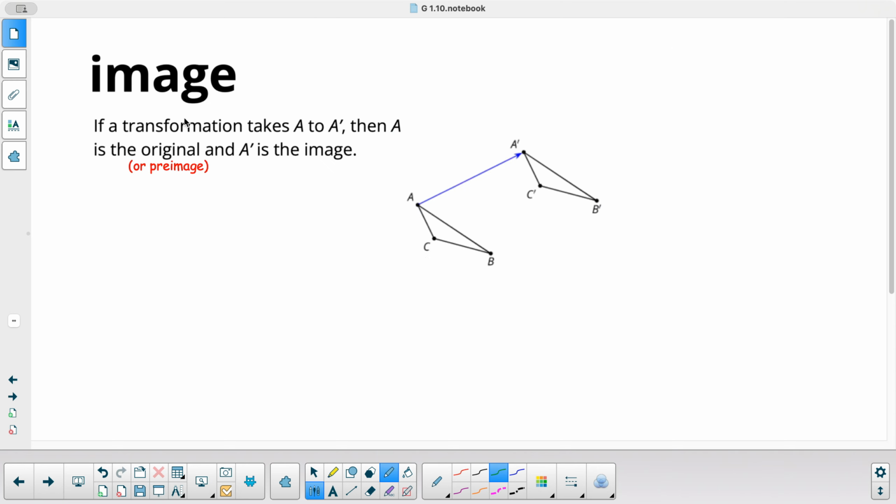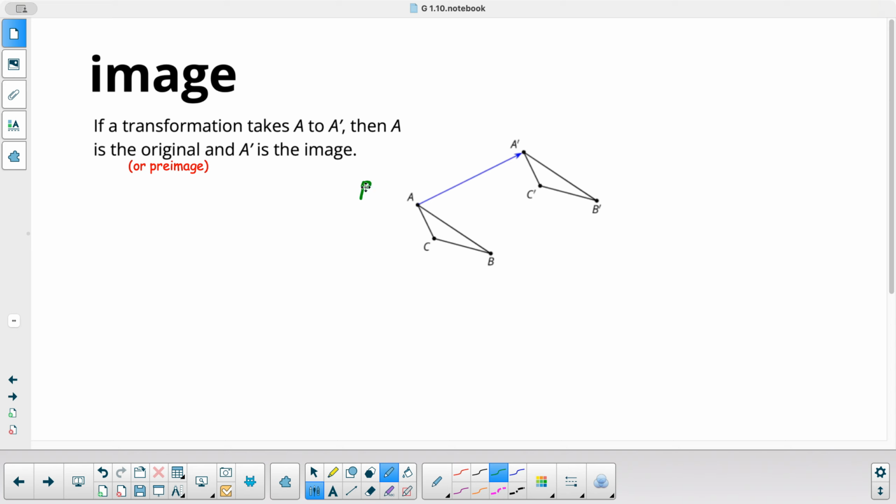All right, another word is image. You're going to need to know this word. So if I'm taking this triangle here, triangle ABC, to this triangle over here on the right with this little prime notation, we say that A is the pre-image and A prime is the image.